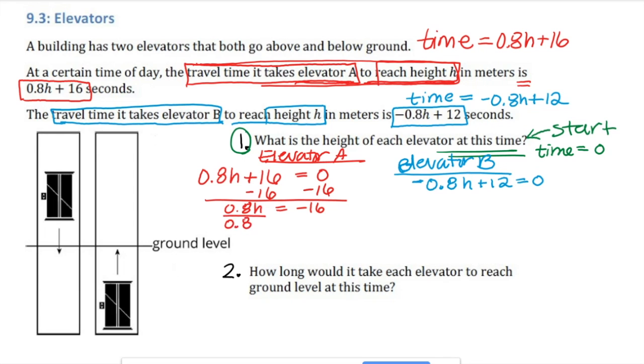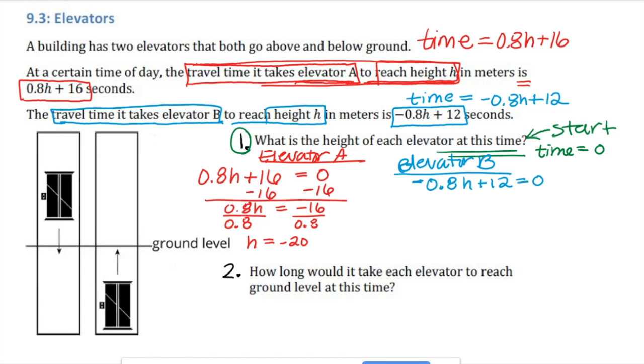So I subtract 16 from each side. And then now I'm going to divide by 0.8. And that gives me a height of negative 20. So the height is negative 20 at the beginning of this experiment.